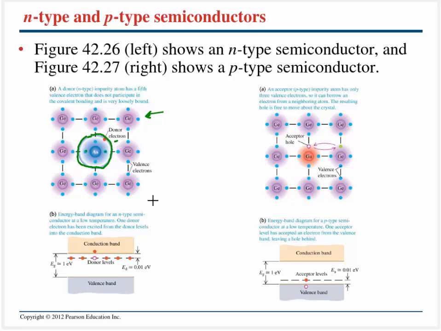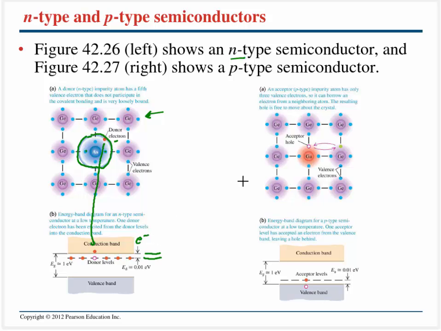What that does is it gives us this donor level right here. And you can see that this donor level is really, really close to the conduction band. And this free electron right there can hop up to the conduction band quite easily, turning this into an N-type semiconductor. Again, one that can behave a lot more like a conductor than an insulator. And we're going to have electrons which we can then move around.